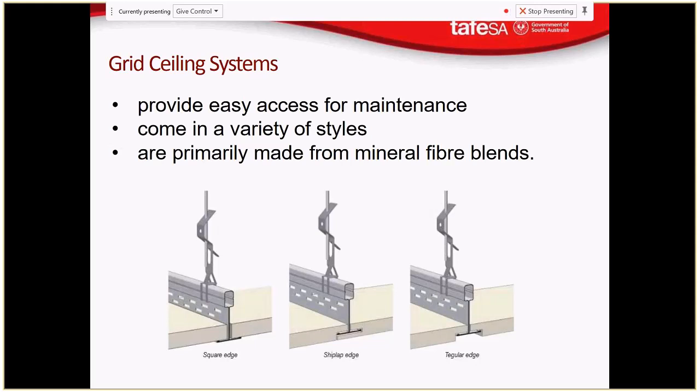They provide easy access to maintenance, come in a variety of styles, and are primarily made from mineral fibre blends. And as we can see here, they can be hung in various different fashions. So that's square edge, which is by and large the most common. A shiplap edge, where we don't see any of the hanger.